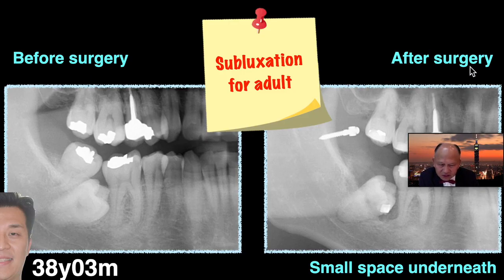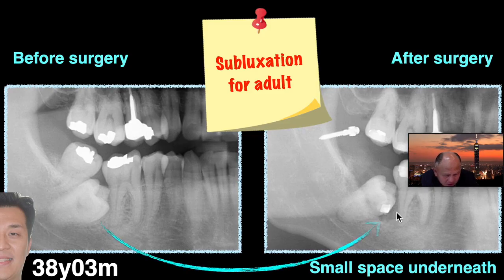What did you see? Did you see the space right here is quite different from here? They have a small space underneath. Did you see that? And why? Because in an adult patient, I do want to remind you, a 38-year-old adult patient, there is a chance for ankylosis.